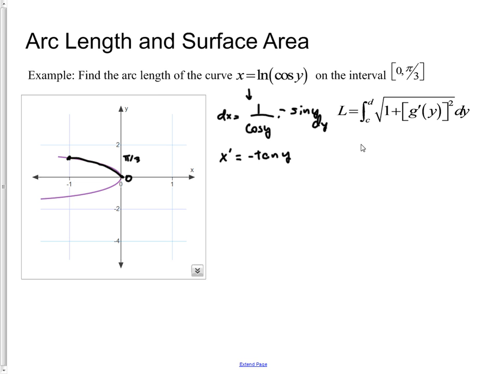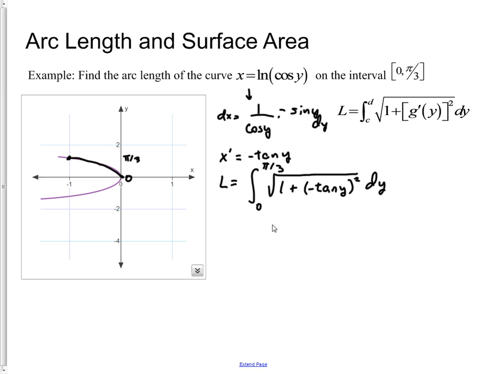Alright, so now we've got this function that we're going to substitute in, right? This is our g prime. And so our length formula is going to look like this. We're going to take an integral along the y-axis from 0 to pi over 3 of the function square root of 1 plus the square of our negative tangent of y, dy.